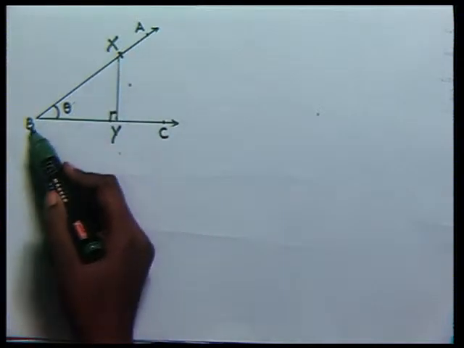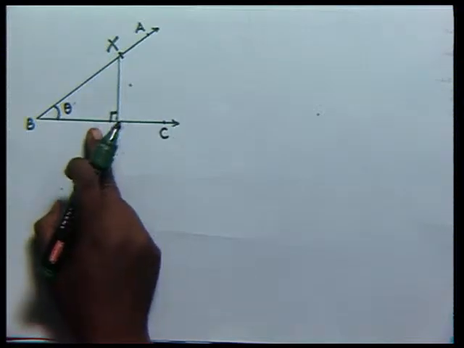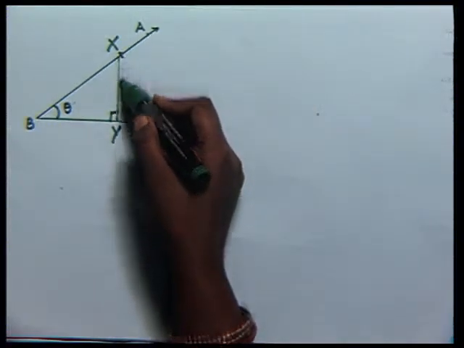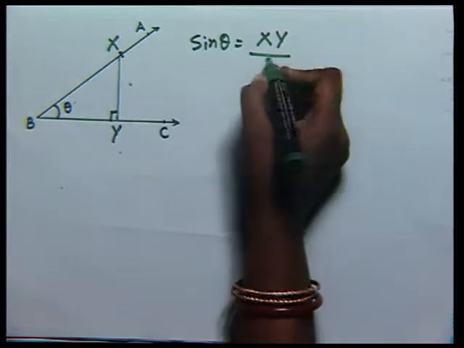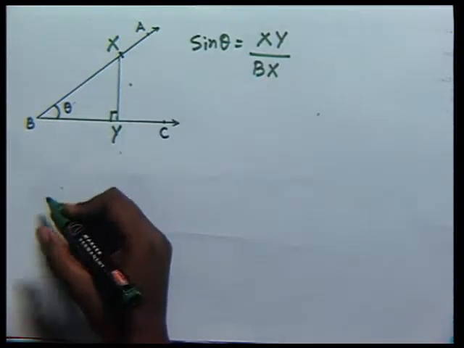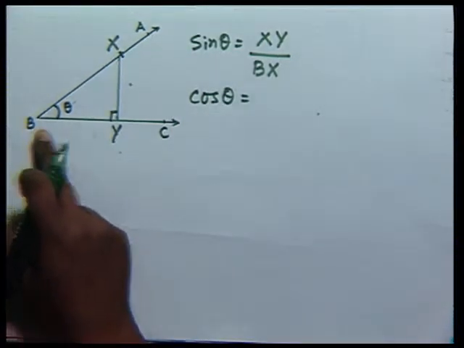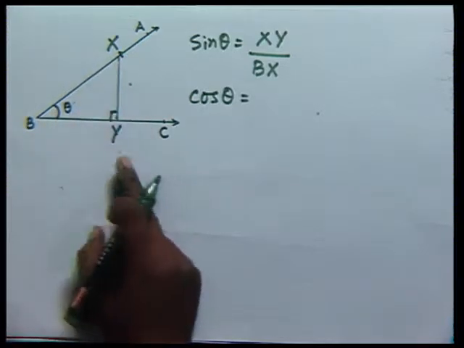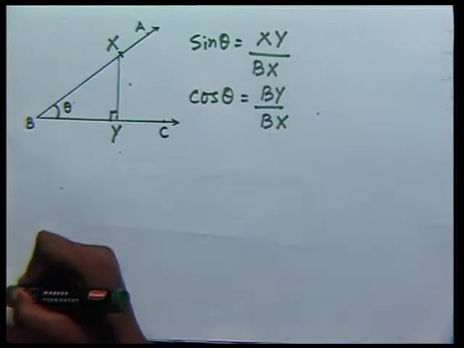Then this triangle XBY is a right angled triangle, right angled at Y. Now, in this case also sin theta will be equal to the side opposite to the angle theta, that is XY, upon the hypotenuse, that is BX, and cos theta is equal to the adjacent side upon the hypotenuse, that is BY upon BX.